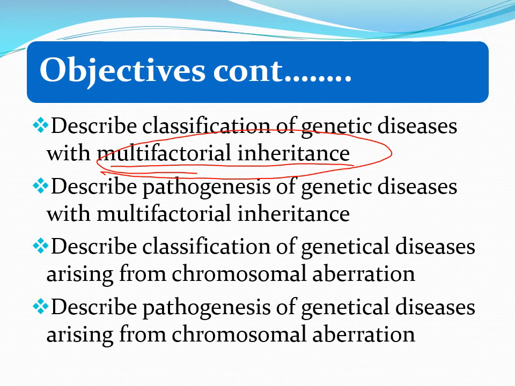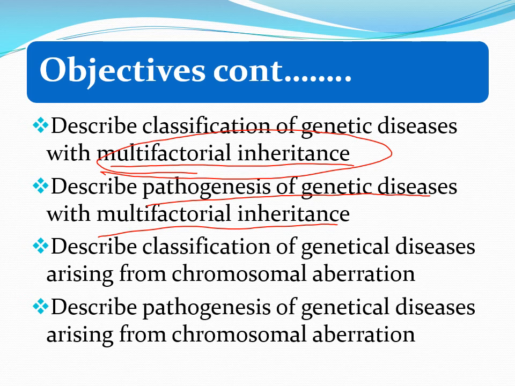After that, my dear student, we have to describe the pathogenesis of the disease which fall under category of multifactorial inheritance. As we have seen in the class of gene mutation, we described gene mutation, we classified disease based on gene mutation, and we described the pathogenesis of disease which fall under gene mutation. Now here we are dealing with multifactorial inheritance.